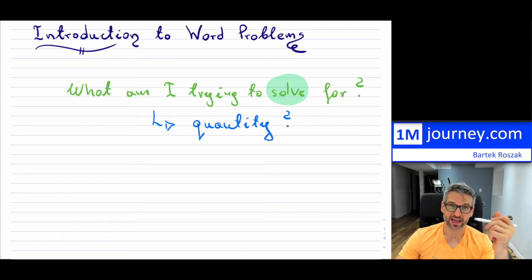Now the second question, once you know what the quantity is. I'll give you one example. Let's say you're trying to solve for distance. You have to ask yourself, that distance has many different measurement units it can be.